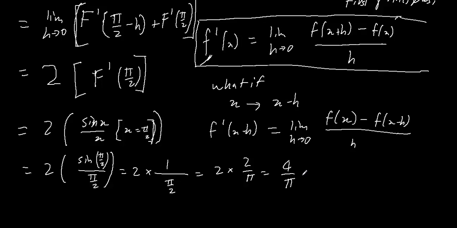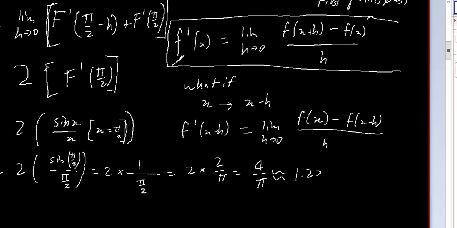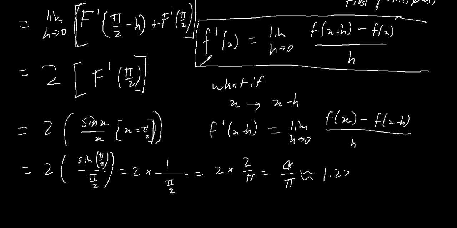If you approximate this or type it up on your calculator, this is approximately 1.27, which exactly matches what we said over here. As my h gets smaller and smaller, my b starts approaching 1.27, which is roughly 4 on pi. That's it.